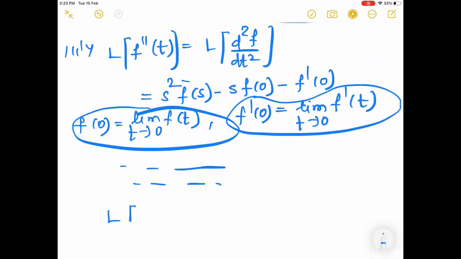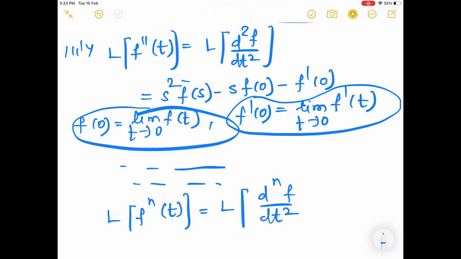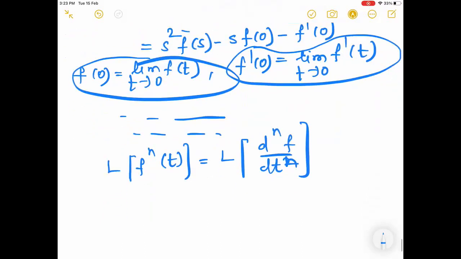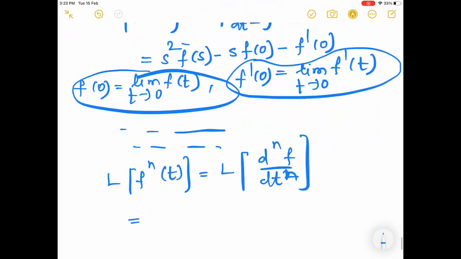Like nth derivative. So if I take the nth derivative formula, Laplace transform of the nth derivative of f(t), that means d raised to n f upon dt raised to n, is equal to, now can you tell me what will be the first term it will start from?